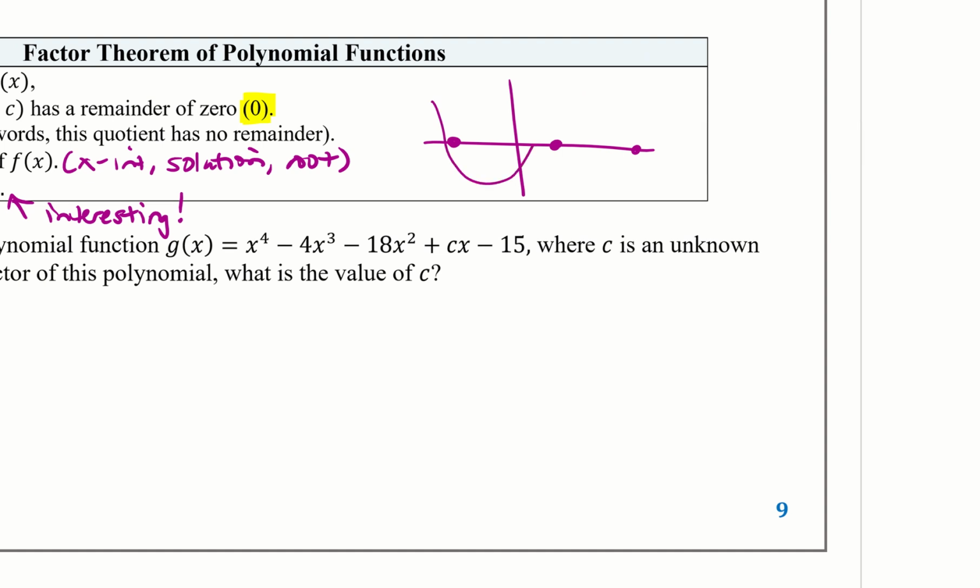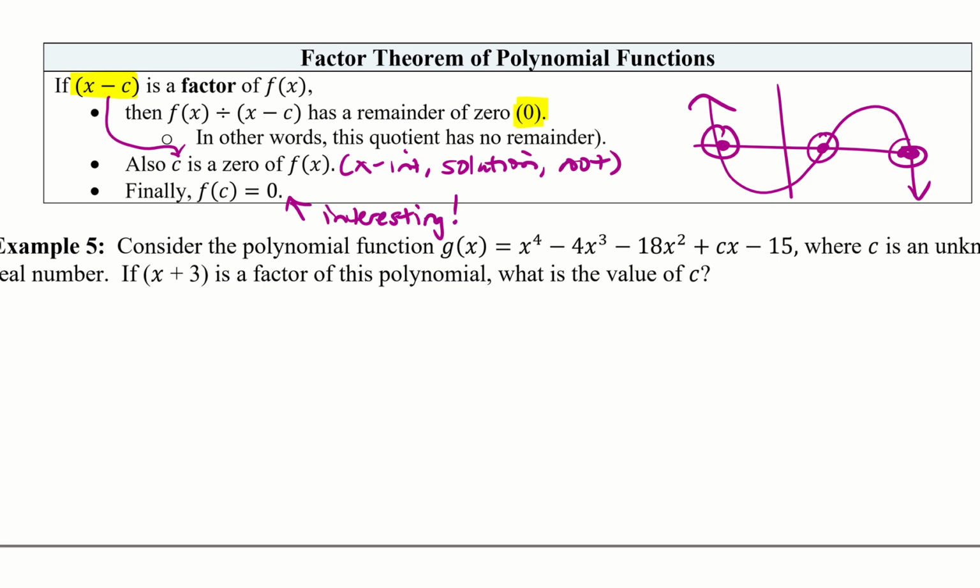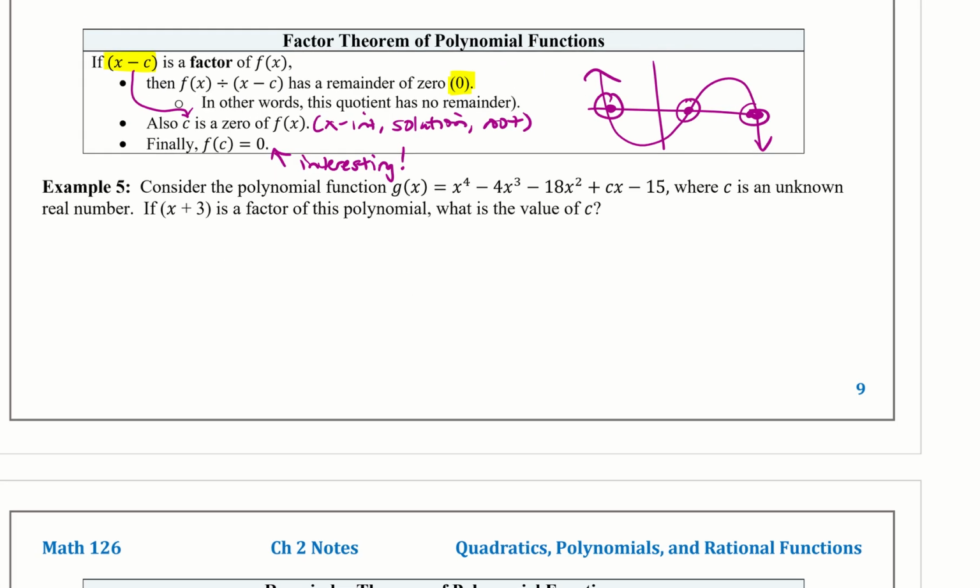However this function might look, what's the height of all of these? The height of all of those is 0. And when you're finding f evaluated at something, you're finding the height of the function at that specific x value, which is why you're always going to get a 0 on those. So that's what the factor theorem says.